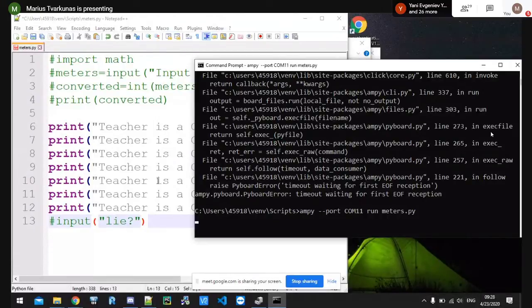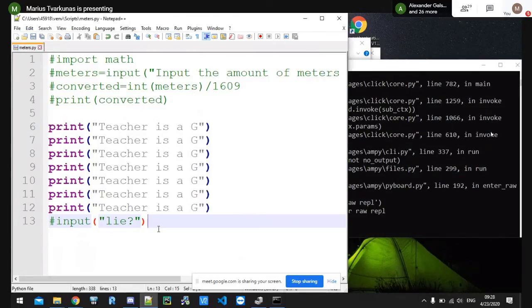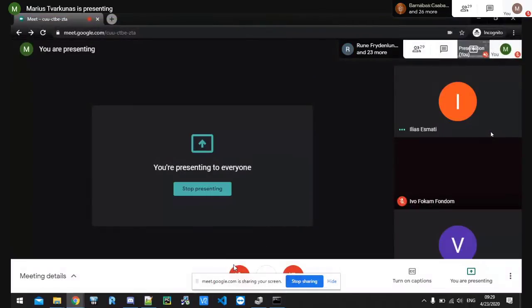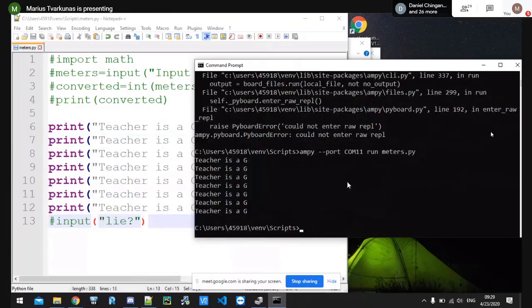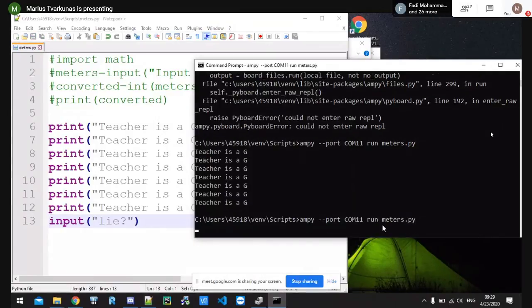Okay, let's see. Okay, this is only when in the code the print command is used, but if I enable input, I think I know.